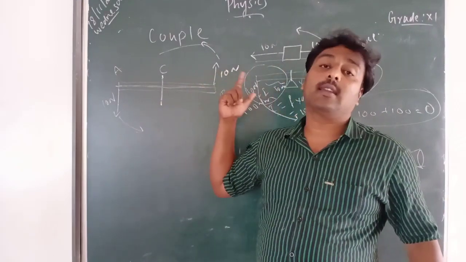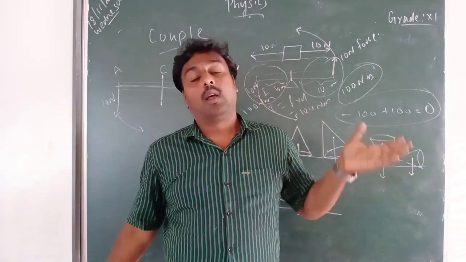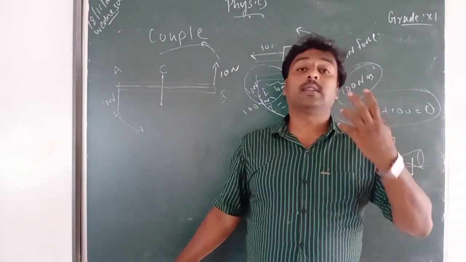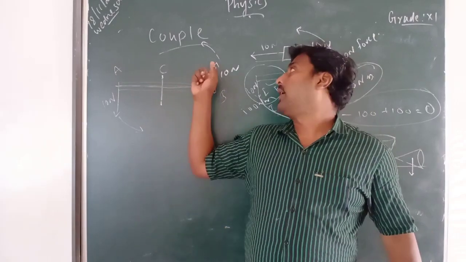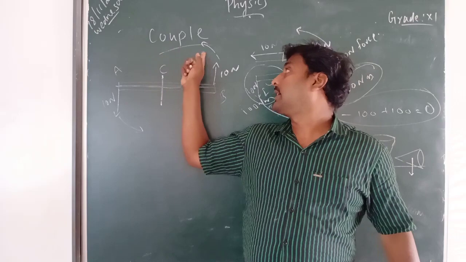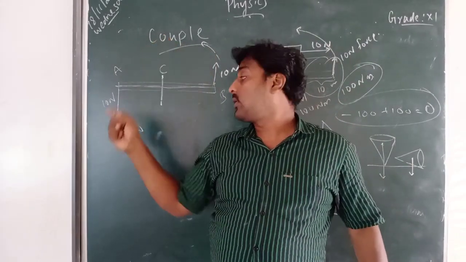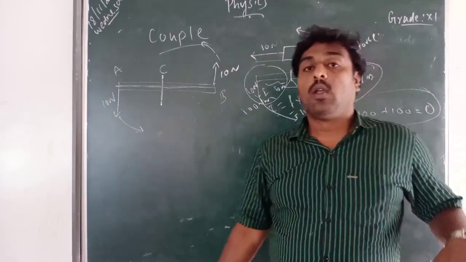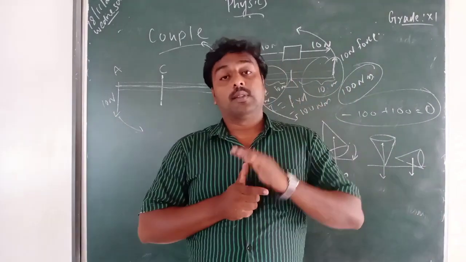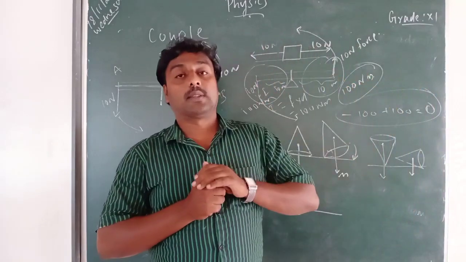These two cancel each other, so it is not in translational equilibrium. Let us find whether it is in rotational equilibrium or not. Here it is anti-clockwise. This force produces a turning effect in the anti-clockwise direction, and the moment of force at point A also produces a turning effect in the anti-clockwise direction. So we can tell that it is in rotational equilibrium.